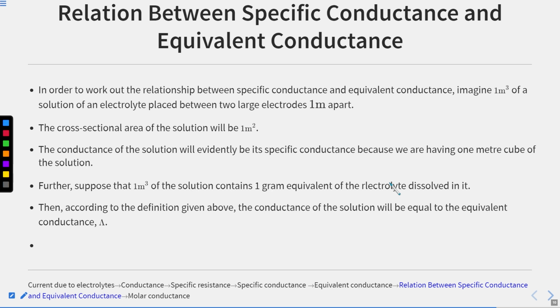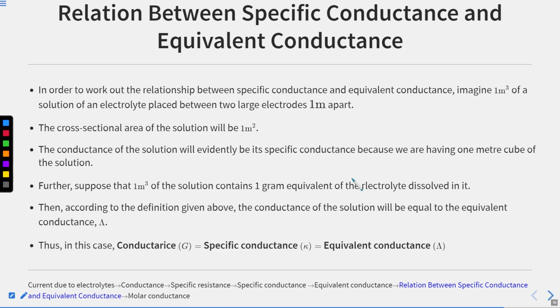If you remember the formula, lambda is equal to k into phi, where phi was the volume containing 1 gram equivalent. Here 1 meter cube contains 1 gram equivalent, so phi will be 1 and lambda will be equal to k. So the conductance will be equal to our equivalent conductance.